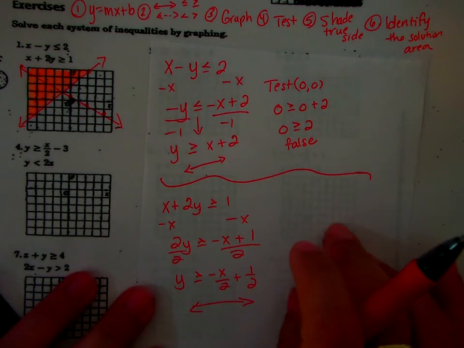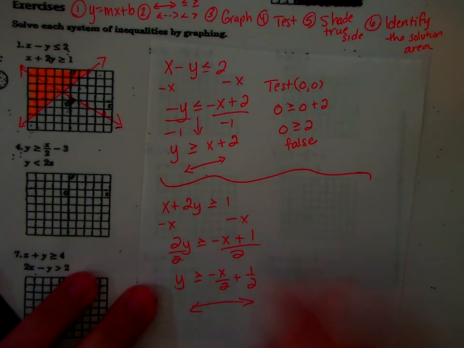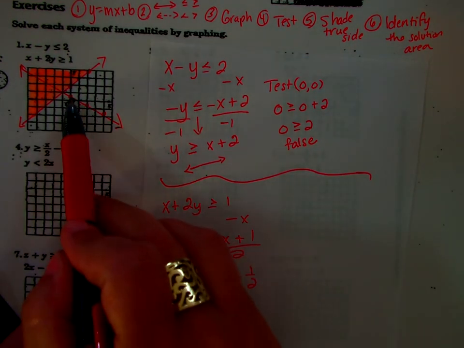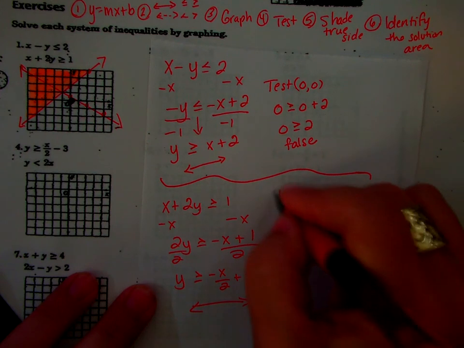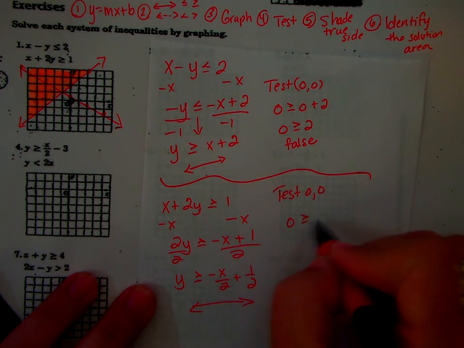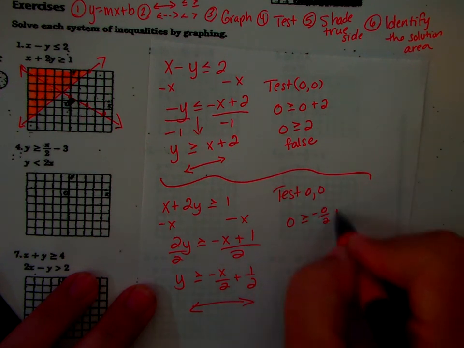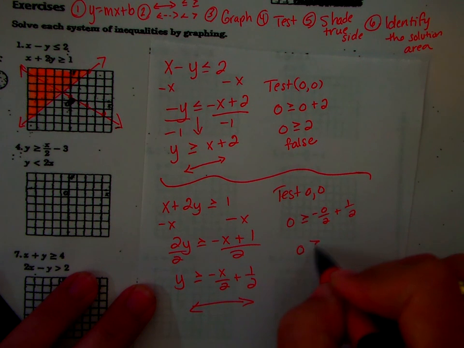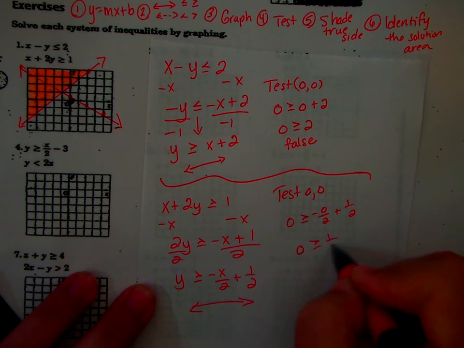All right. It does not go through 0, 0 because I know that the y-intercept is at 1/2. So I can test 0, 0. Is 0 greater than or equal to 1/2? That's a false statement.